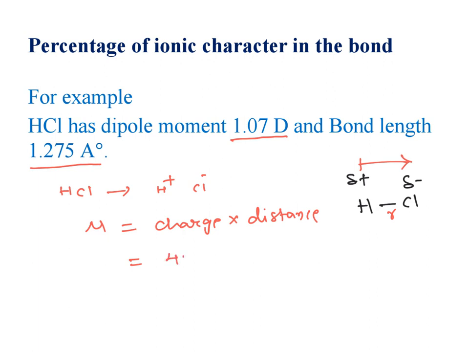I am taking it in electrostatic units, 4.8 into 10 power minus 10 ESU, into the distance between hydrogen and chlorine, which is given as bond length 1.275 angstrom. 1.275 I am taking in centimeters, 10 power minus 8. Now 10 power minus 10 and 10 power minus 8, I can write as 10 power minus 18.